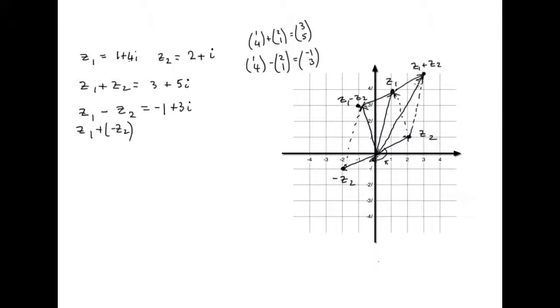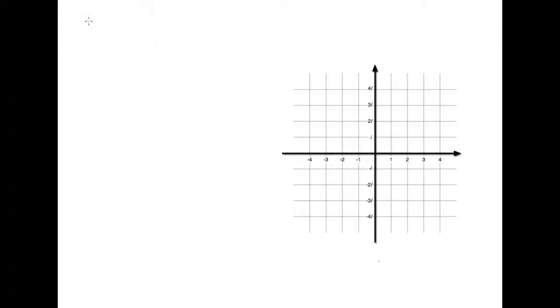But interesting that both these diagonals involve the sum and the difference of the two complex numbers. So a lot of good, meaty, interesting geometry coming from this way of representing complex numbers when we look at addition and subtraction. So I think now it's time for you to have a shot at a question.